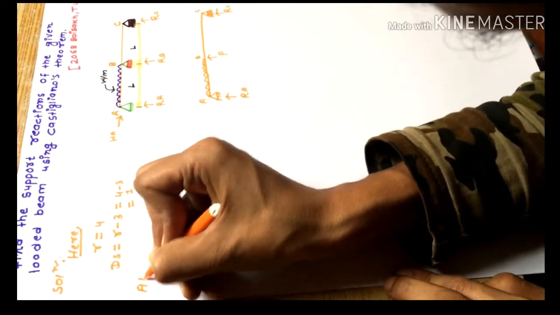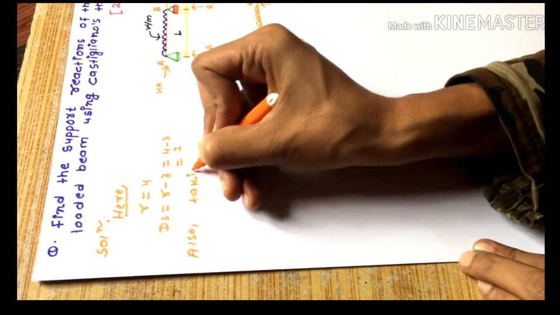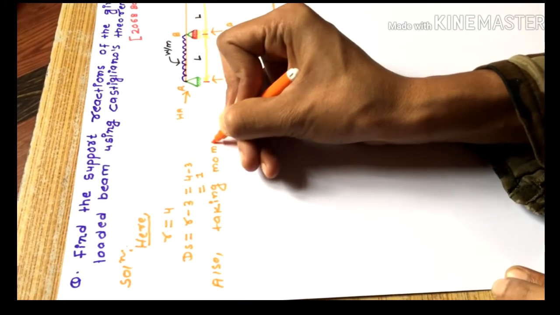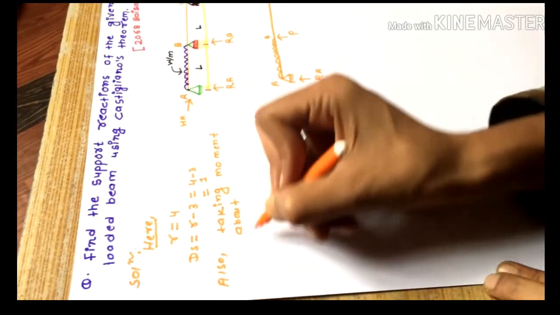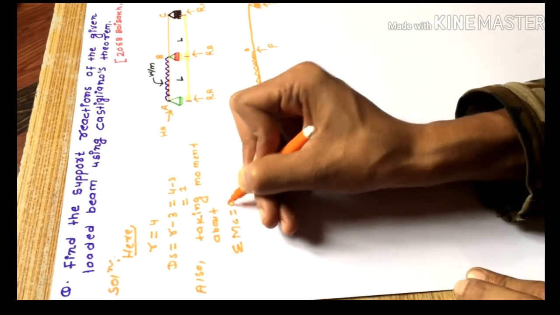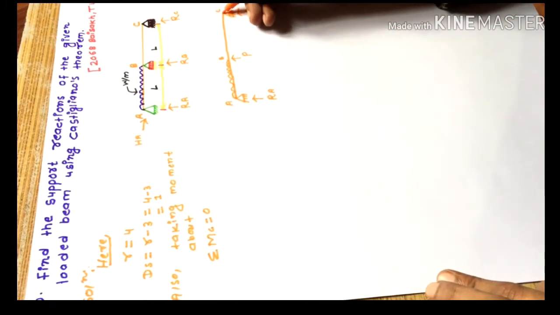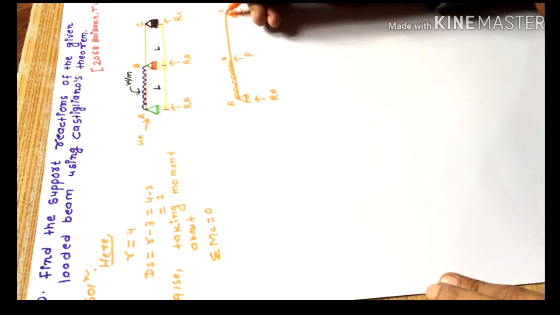Taking moment about C, that is MC is equal to 0. Here at point C we have to calculate the moment.